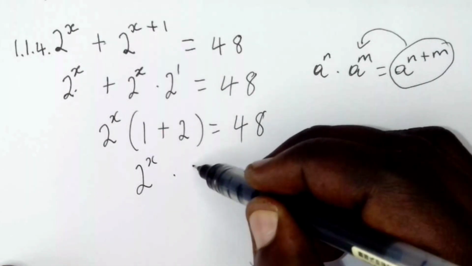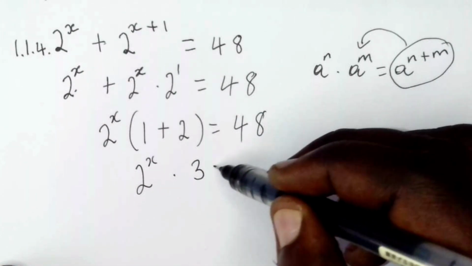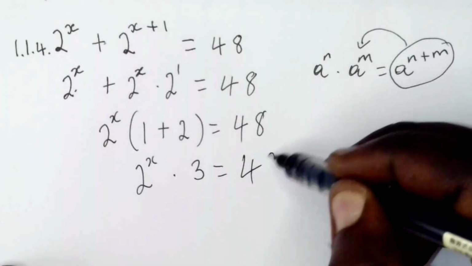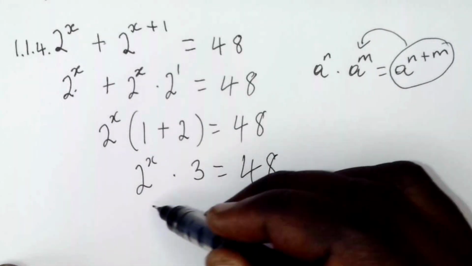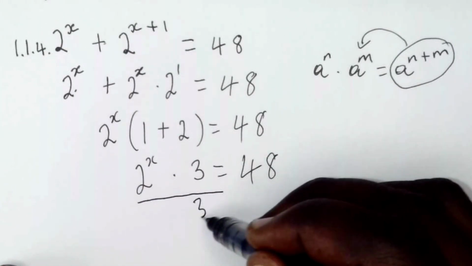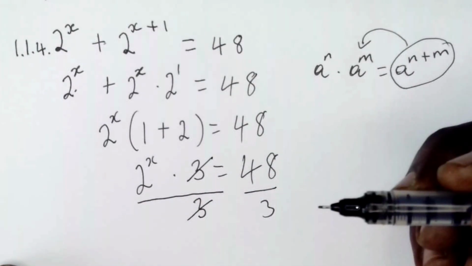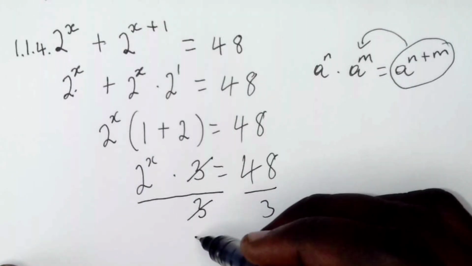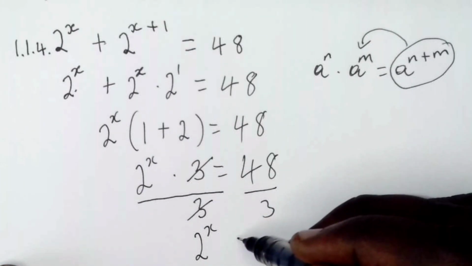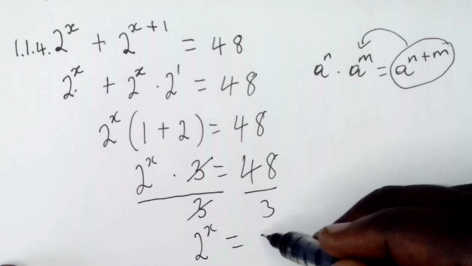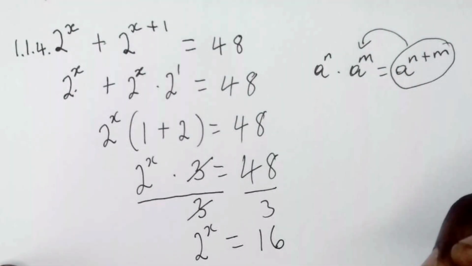You can say dot 3. Dot means times in this situation. So 48, right? So now you can divide by these 3 both sides. So these 3 will remove this 3, and then we are left with 2 power of x here equal to, what is this one? It's going to be 16, correct?